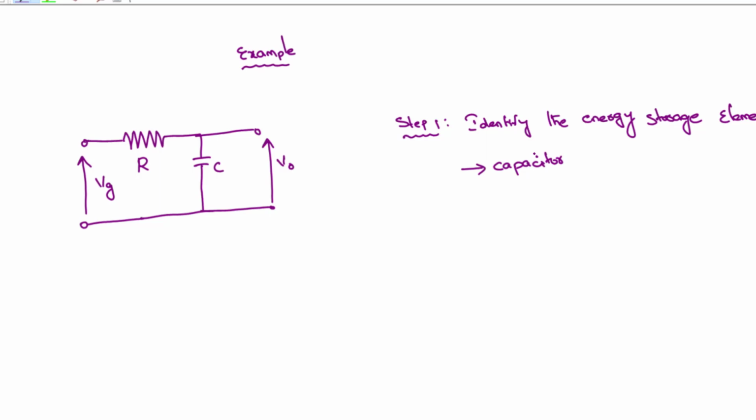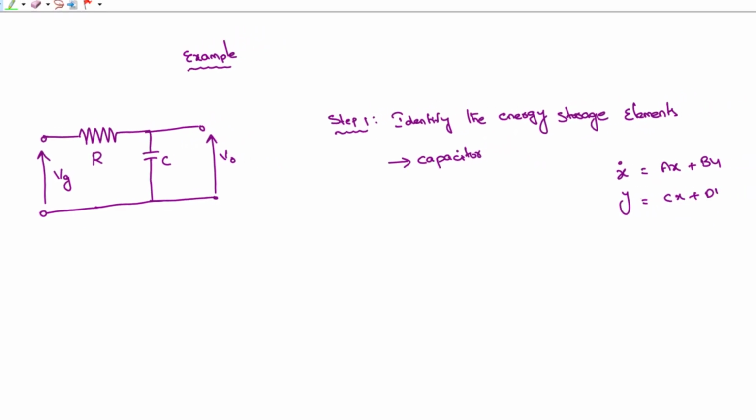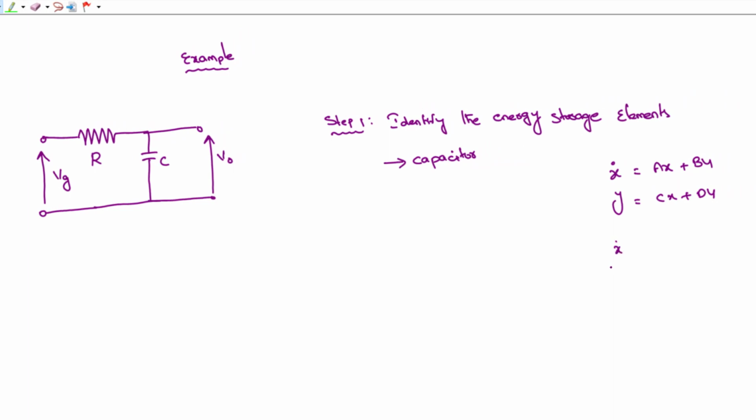So, just recollect our main equation. Our main equation is x dot is equal to ax plus bu, y equal to cx plus du, and when we write it in matrix form, x dot and y is equal to the matrix of a, b, c, d times x and u, where x is the state variable and u is the input.